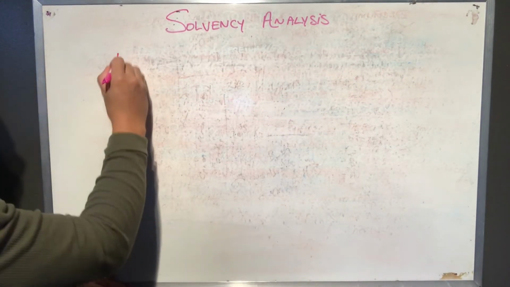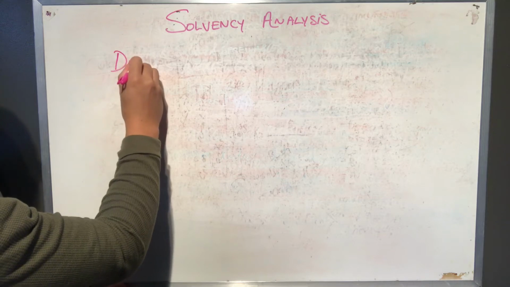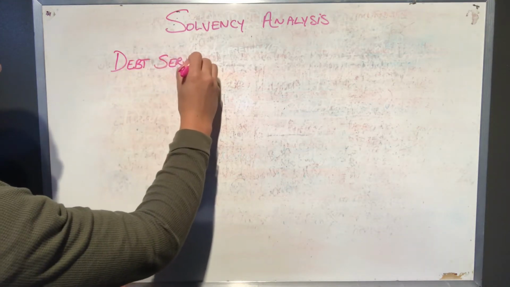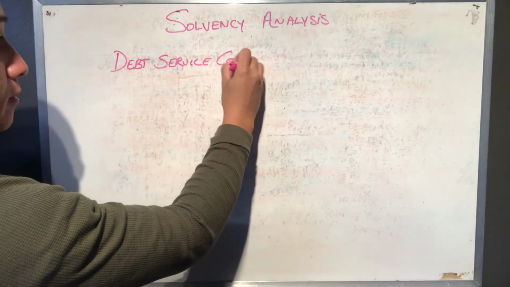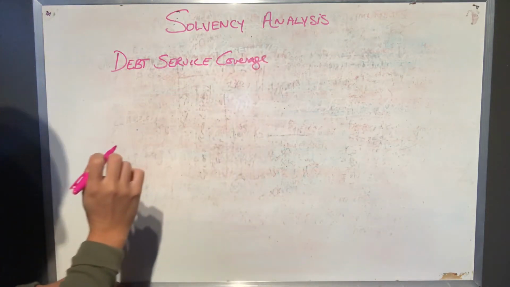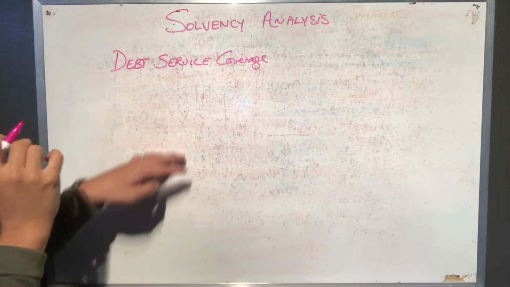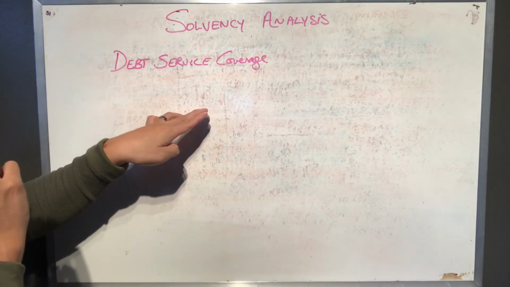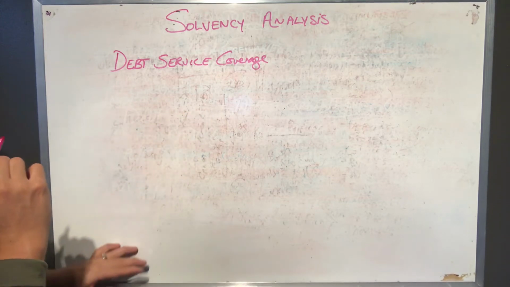The next one we will cover is debt service coverage. Now, this is a statement of cash flow measure of a company's ability to meet its interest and principal payments.